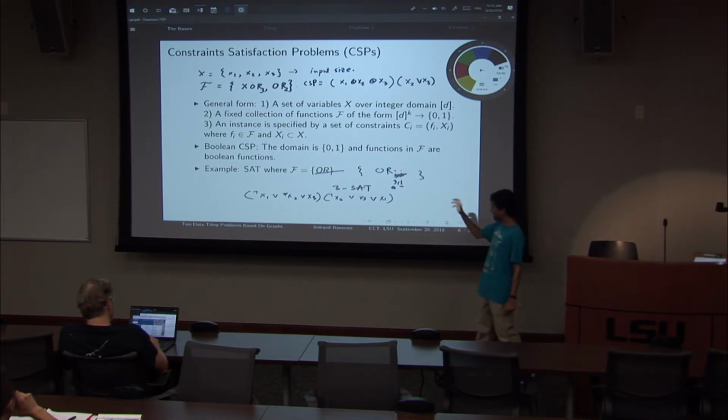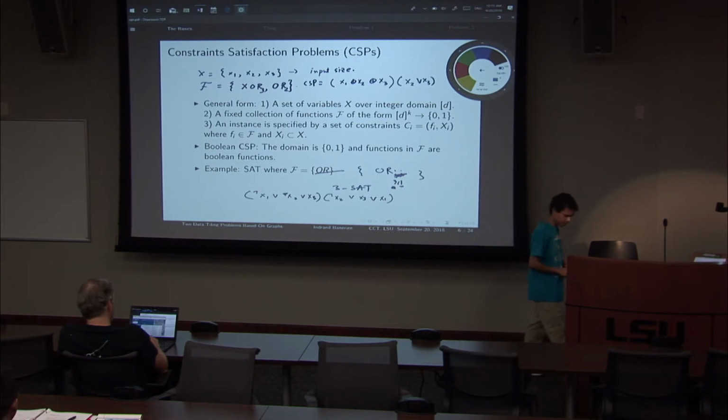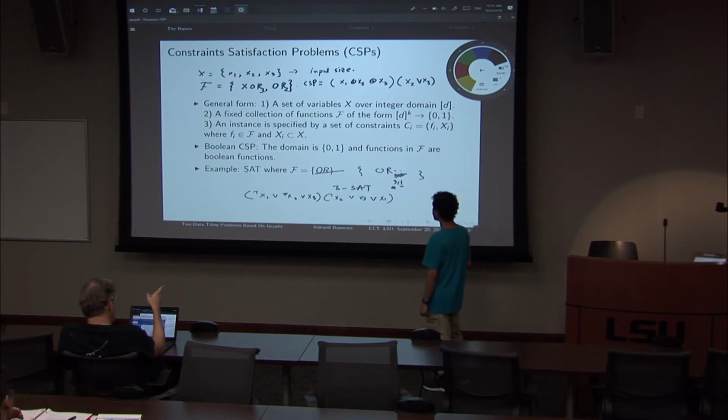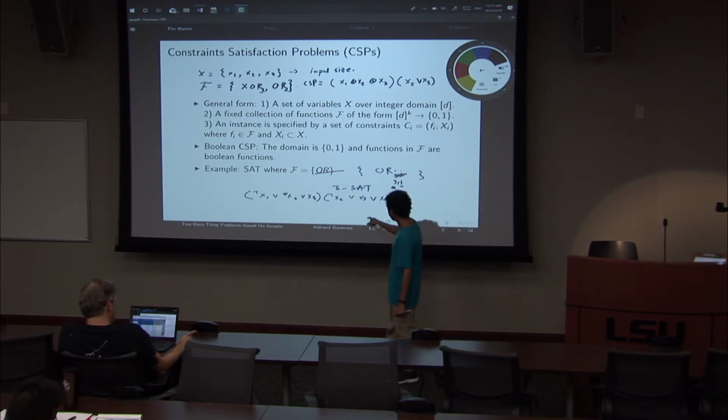But again, there are many ways to define constraints based on the functions. You have two parentheses, and they differ in order. So you have 1, 2, 3, and 2, 3, 1. This is just a trivial example, but the variables could be different. It's a syntactic way to express it.